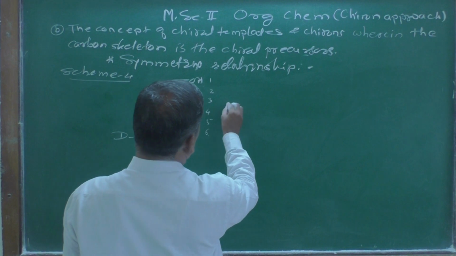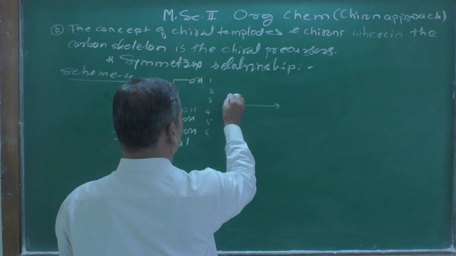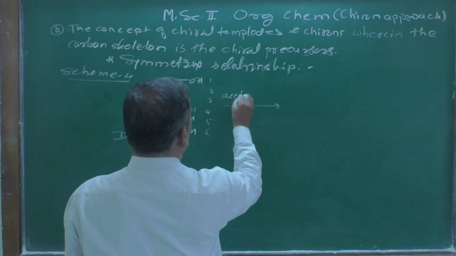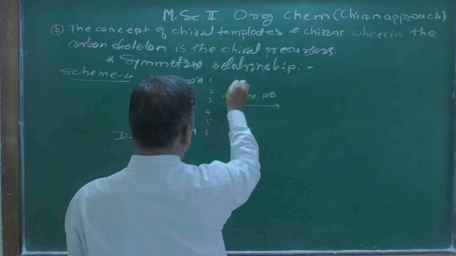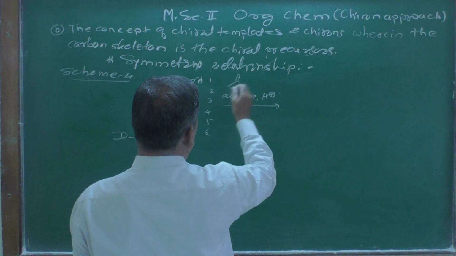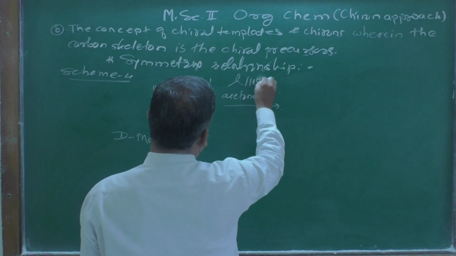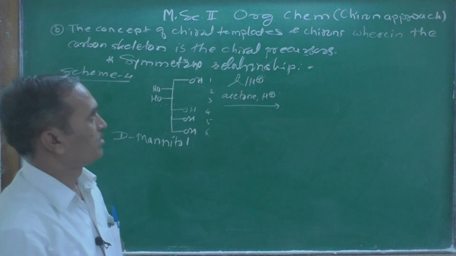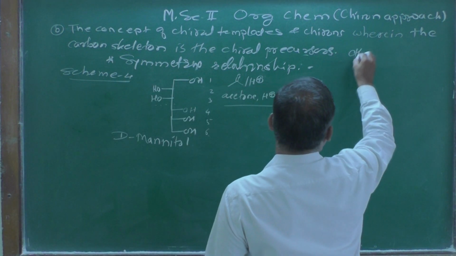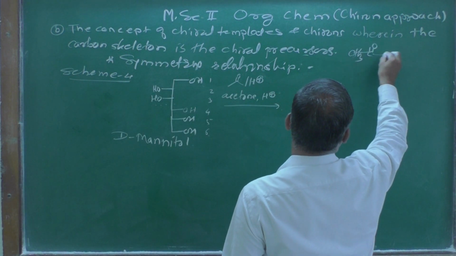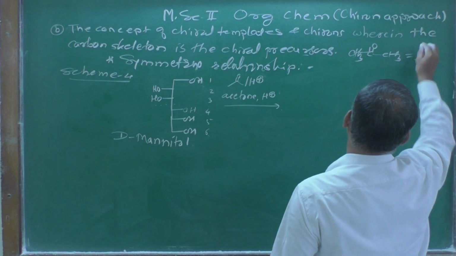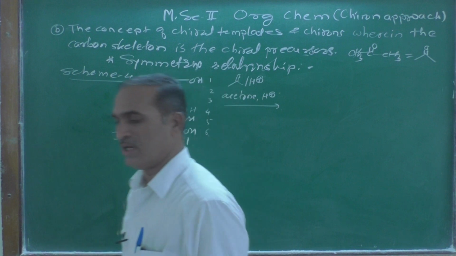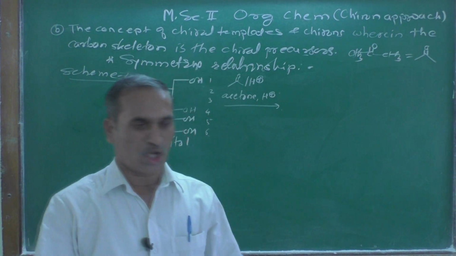Therefore, when it is treated with acetone in the presence of H plus, as we know, the structure of acetone will be this one. Sometimes it is written as CH3 C double bond O CH3, or we can represent it like this. This is the shortest and simplest way of representing an organic molecule.